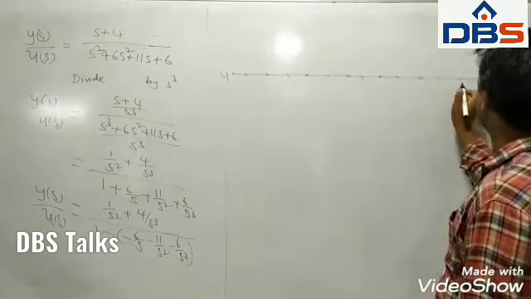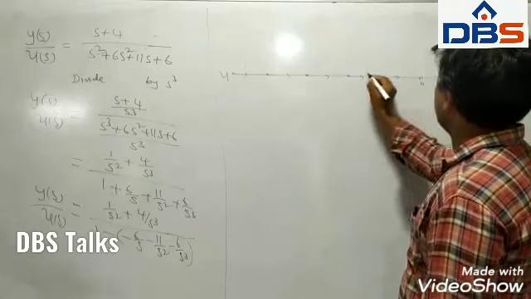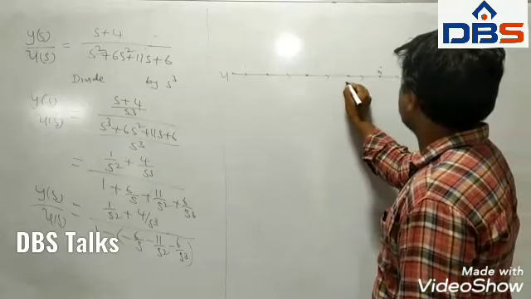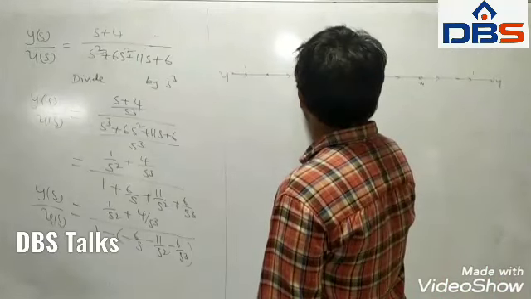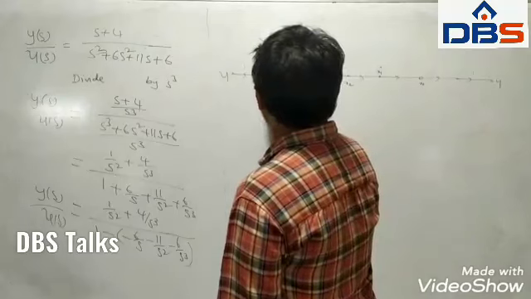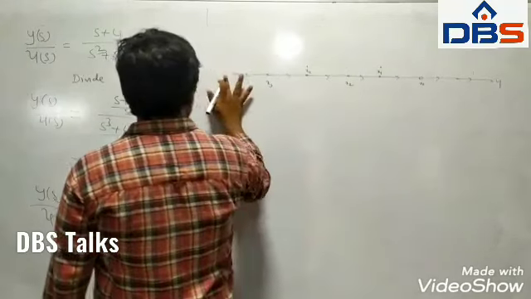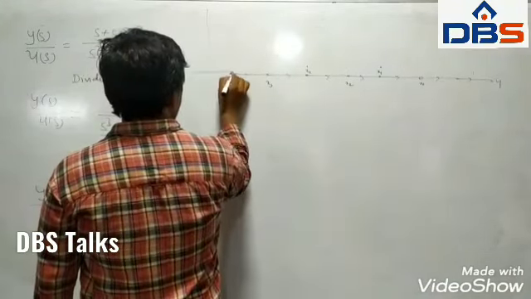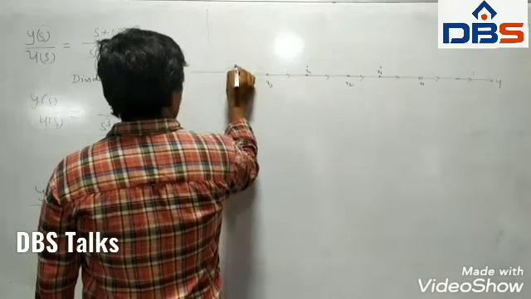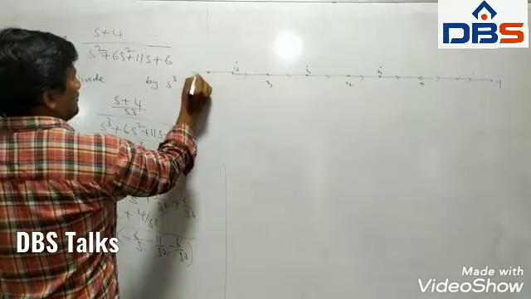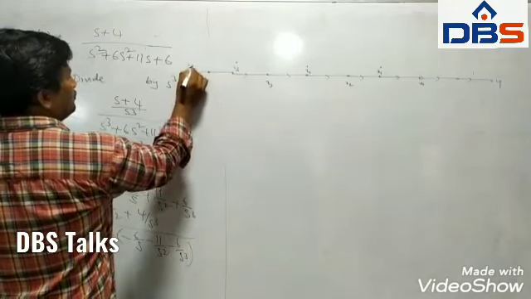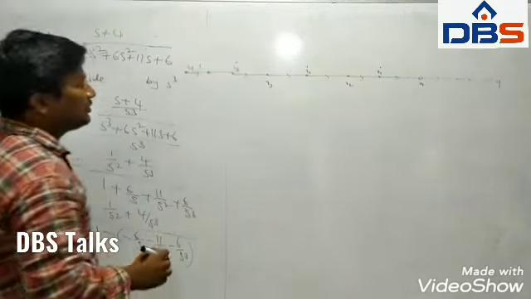Now x1 bar, x2 bar, x3 bar, and this is u.